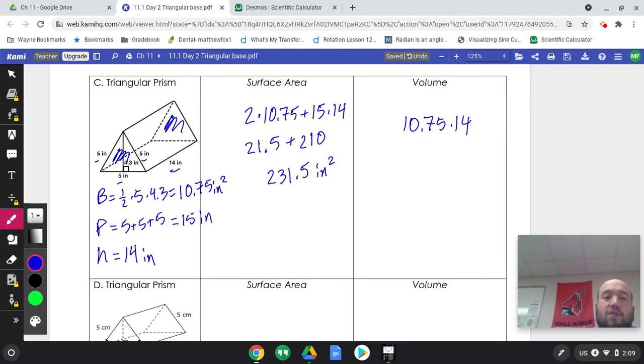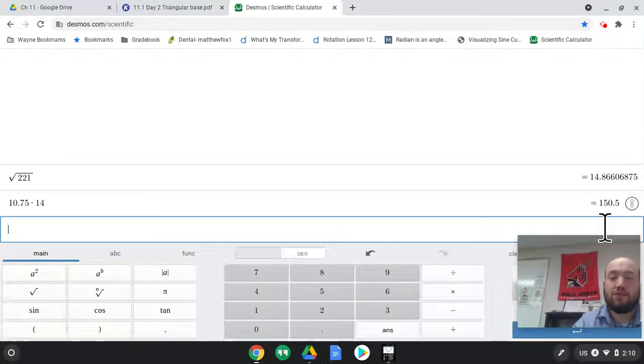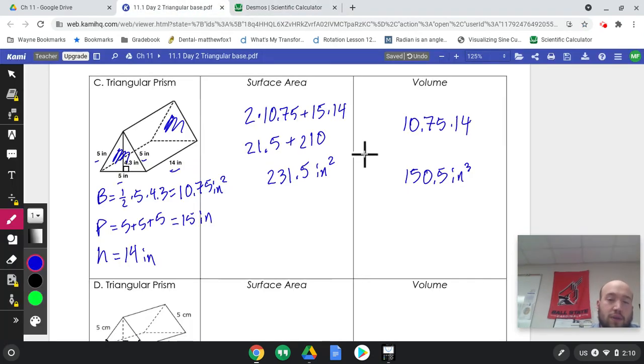And when we do this, 150.5 inches cubed. And once again, you don't have to do that in your head. Use a calculator. 10.75 times 14, that's fine. I don't need you to be able to do this in your head. I just need you to be able to find the answer. Okay, so 150.5 inches cubed.